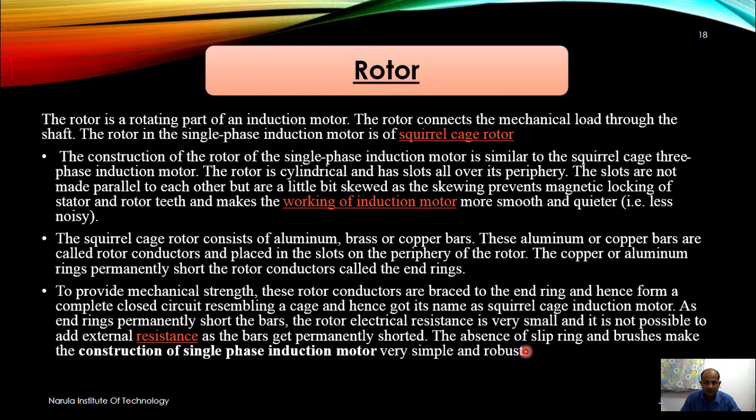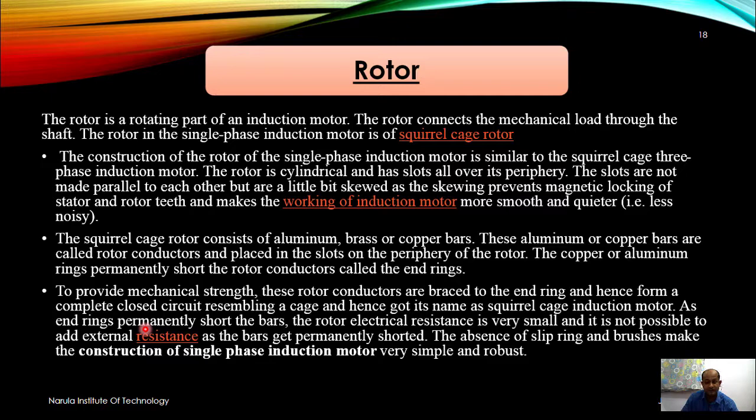So we have mentioned that this is similar to the squirrel cage rotor of a three phase induction motor. There is no provision, as we have seen, because the bars are shorted with end rings, so there is no provision to change the resistance, which we have seen in the case of the slip ring induction motor, in the case of the three phase induction motor.